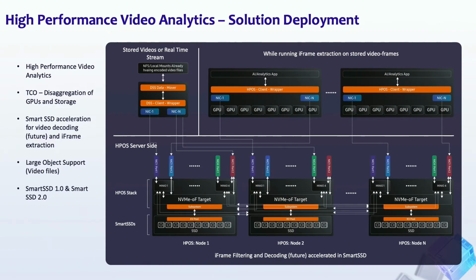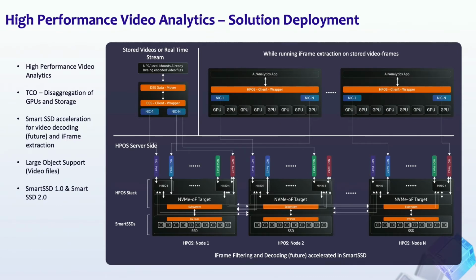You move the data from your video store to the HPOS, and during the put path, when you're putting the data in the smart SSDs, you are just doing the iframe filtering. Instead of storing the whole video, you're storing just the iframes, which is good enough for the AI.